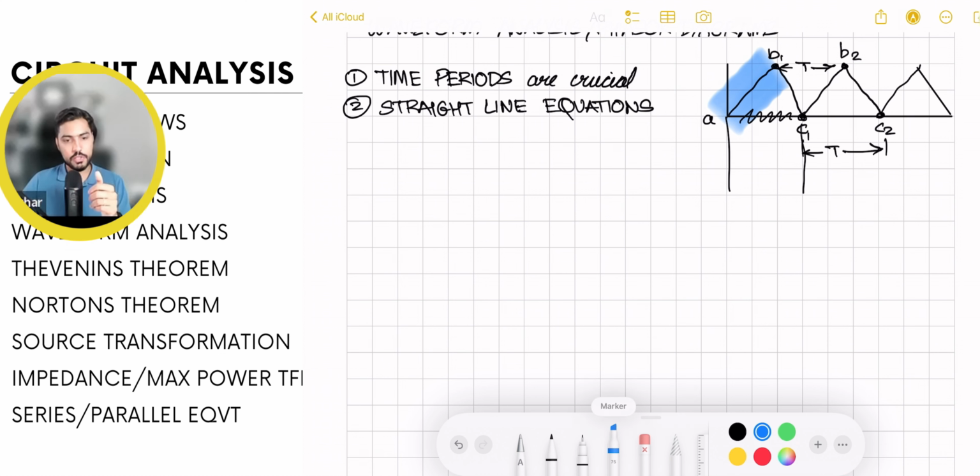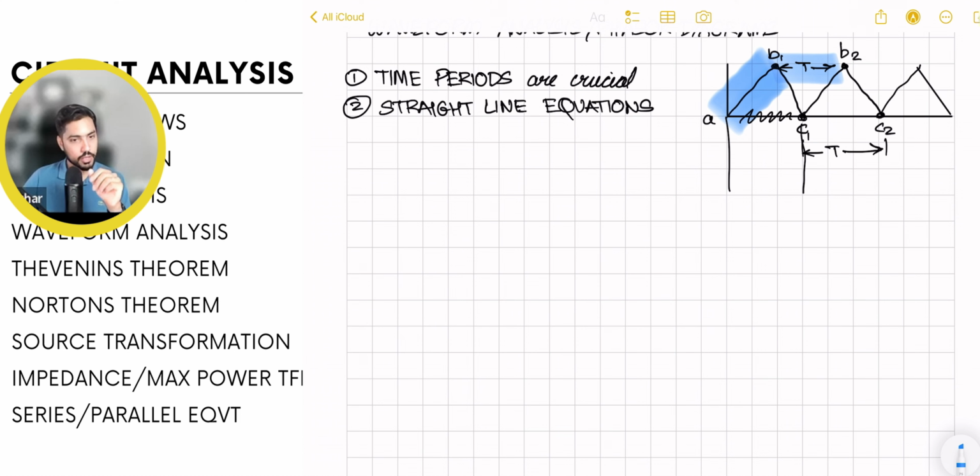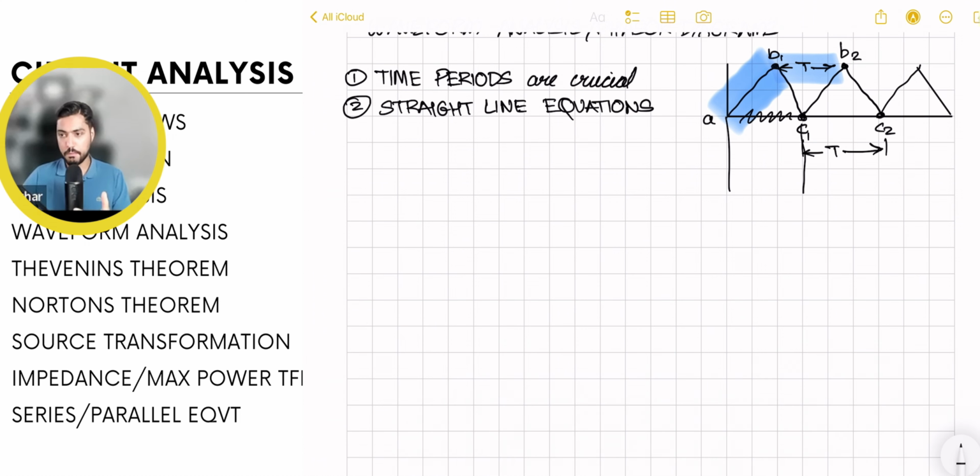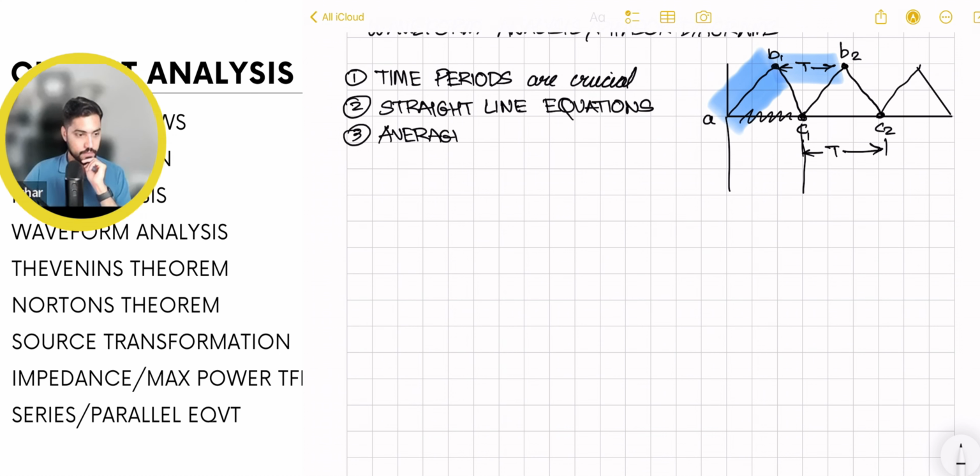But all of a sudden, when students have to figure out the slope of this line, for example, or the equation for the line between points A1 and B1 in waveform analysis problems, they actually lose their composure, right? It's not that difficult, guys. And you may have to actually come up with equations of straight lines when you're doing waveform analysis. Does it make sense?